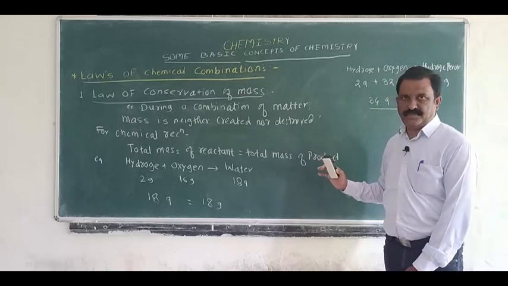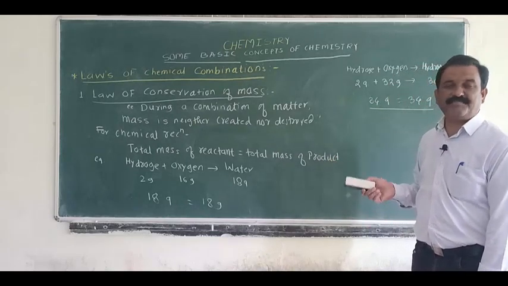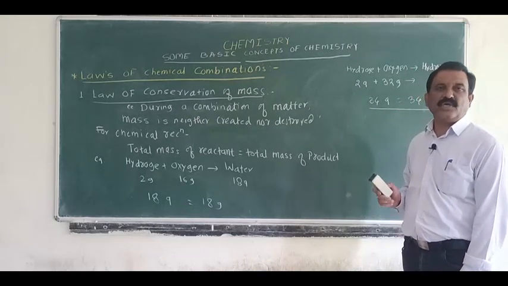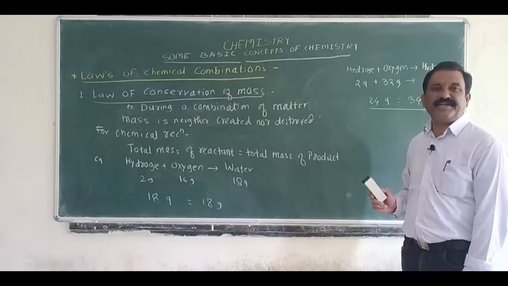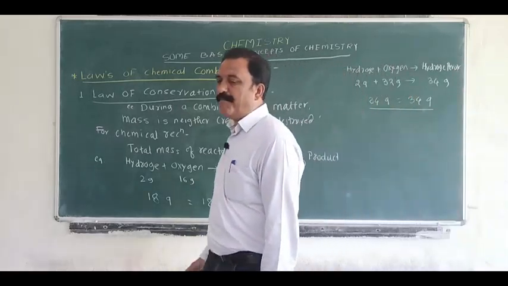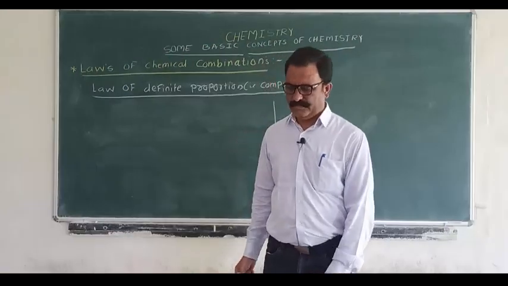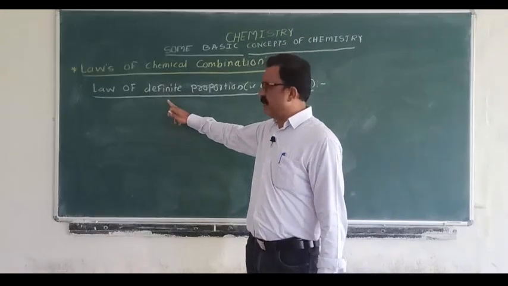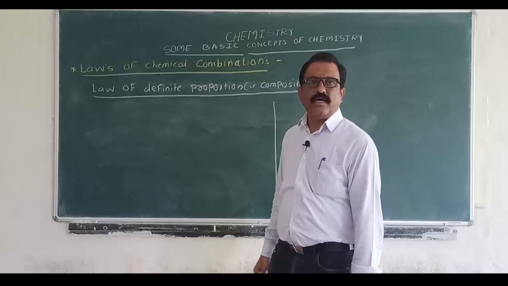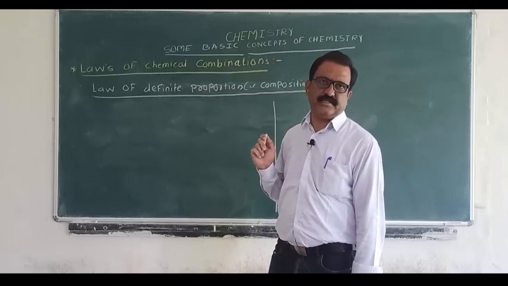Okay. We will see another important law of chemical combination, which is the law of definite proportion or law of definite composition. This is another important law for the combination of compounds.